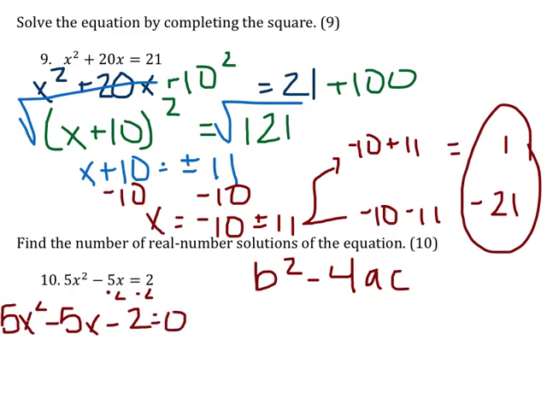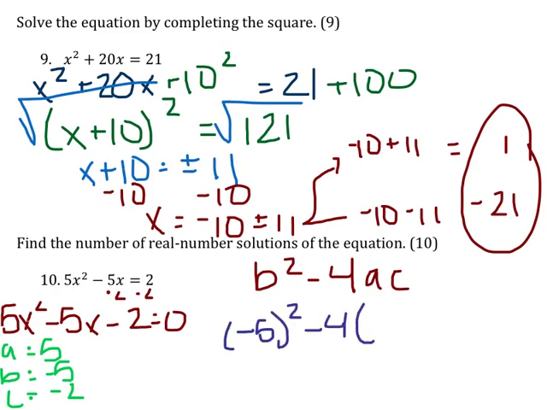Equals 0, sorry. And once we get that, we know a is 5, b is -5, and c is -2. So we'll go ahead and plug it into our discriminant, and we get -5 squared minus 4 times 5 times -2.